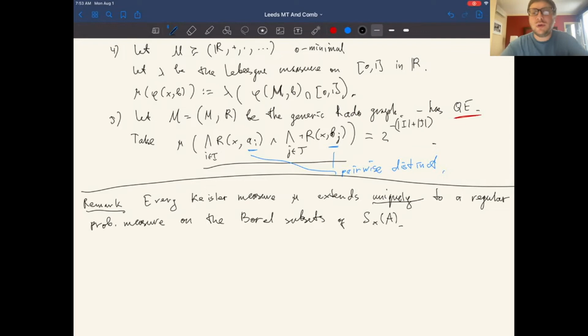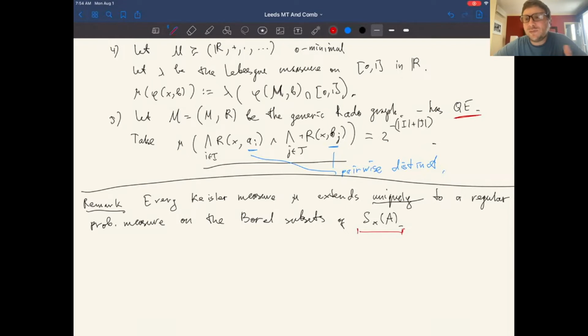So how do we view this? If I'm given a Keisler measure, it assigns a measure to each formula, right? But if you remember the topology on the space of types over a given set of parameters, it has a basis of clopen sets, right? So this topology has a basis consisting of clopen sets, and each formula corresponds to a clopen set, namely all types to which this formula belongs.